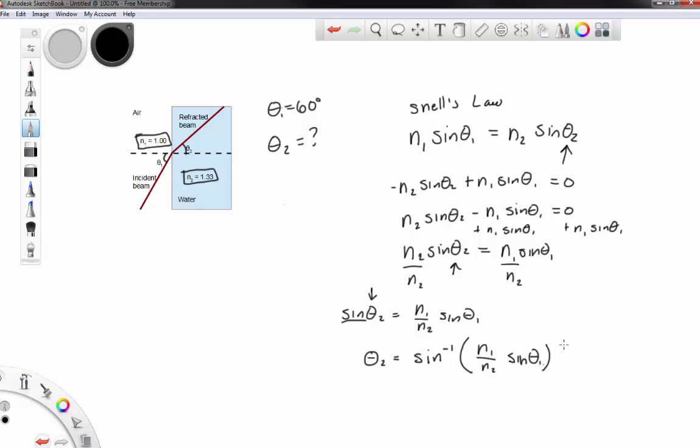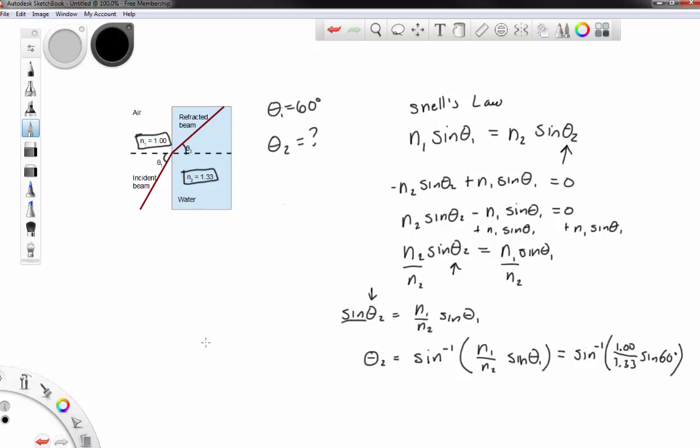Okay, the good news is that the sine inverse button is a button on your calculator that you push. So what we have here basically is inverse sine of 1.00 over 1.33 times the sine of 60 degrees.